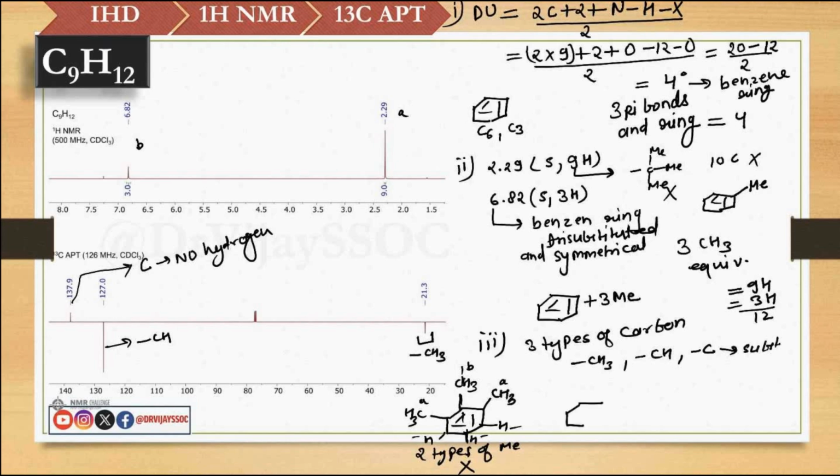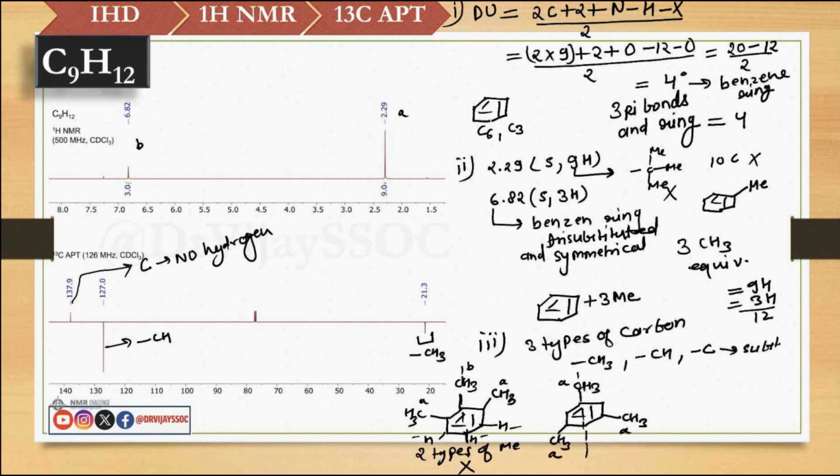So let's try to draw another symmetrical structure. What about this one? If you draw the plane of symmetry, then we can say that this is similar to this one and this is also similar to this one. So there are 3 methyl groups and all are equivalent.